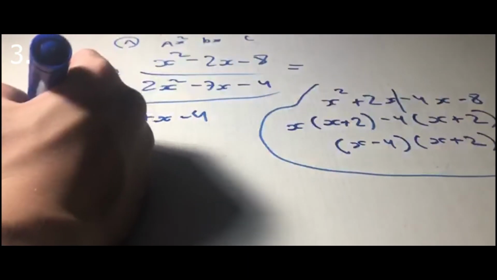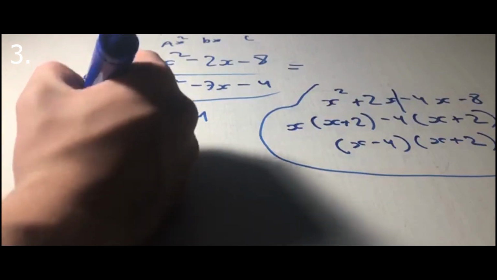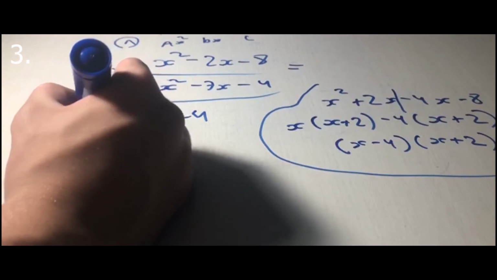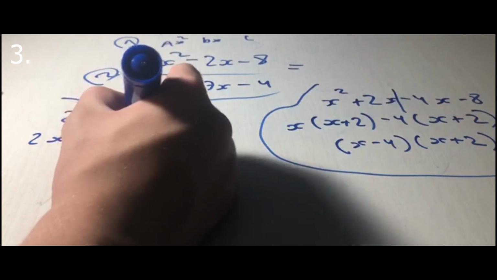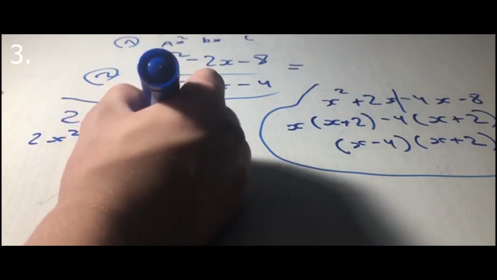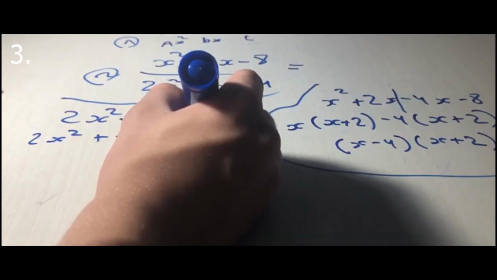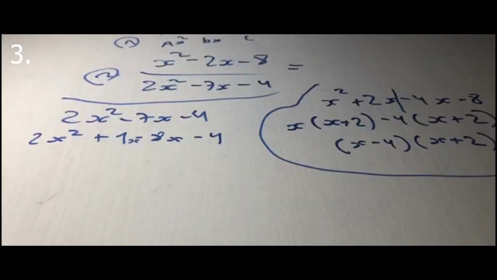So 2x squared plus 1x minus 8x minus 4. So it's pretty similar to the first equation that we solved, the first number, this one. And let's solve it.